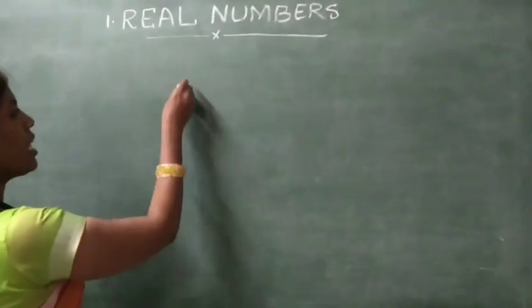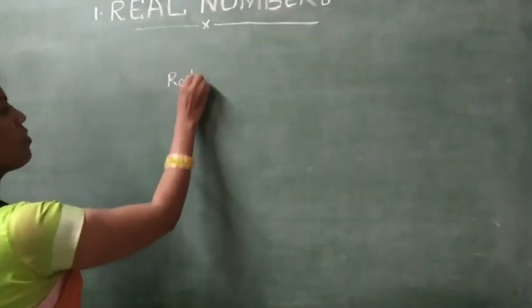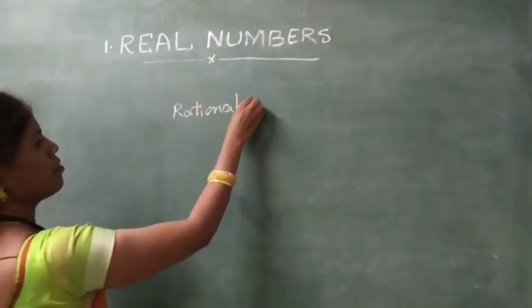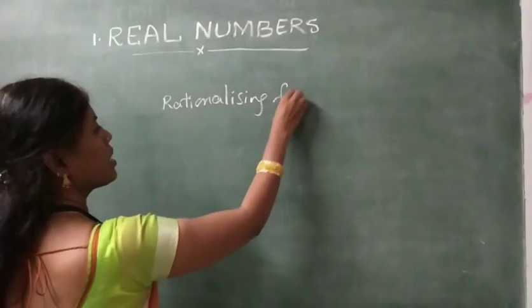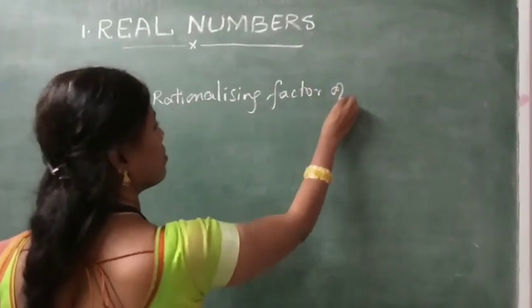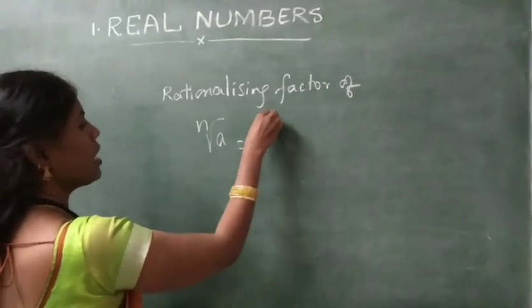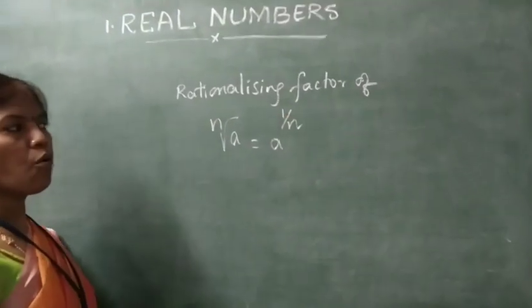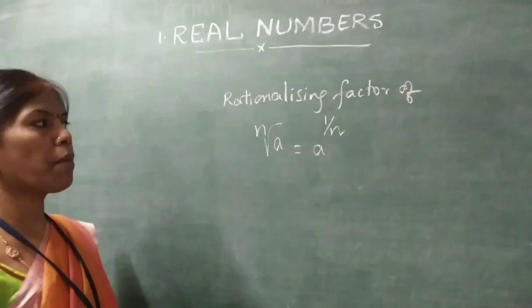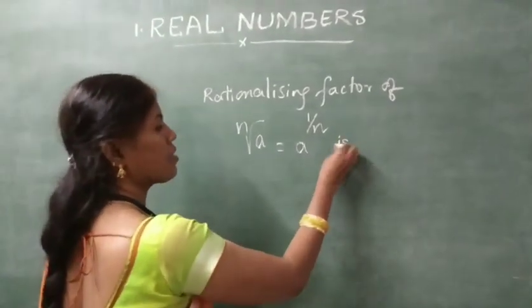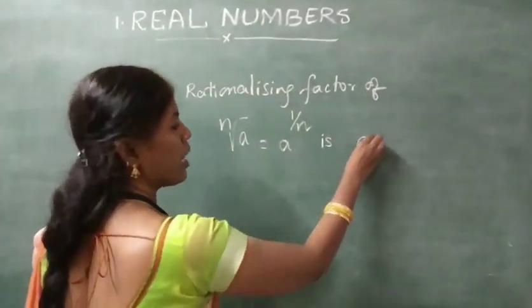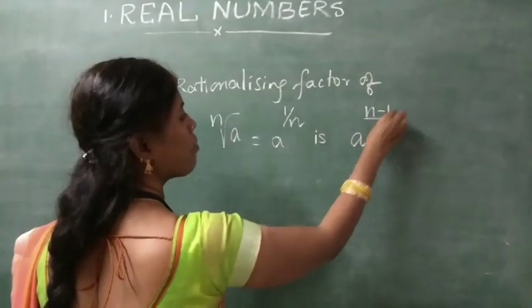Now, what is the rationalizing factor of nth root A? Nth root A, as I said, is A power 1 by n. What is the rationalizing factor of A power 1 by n? It is A to the power of n minus 1 by n.